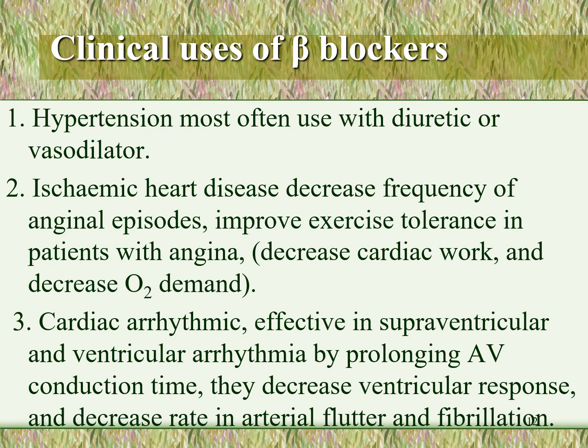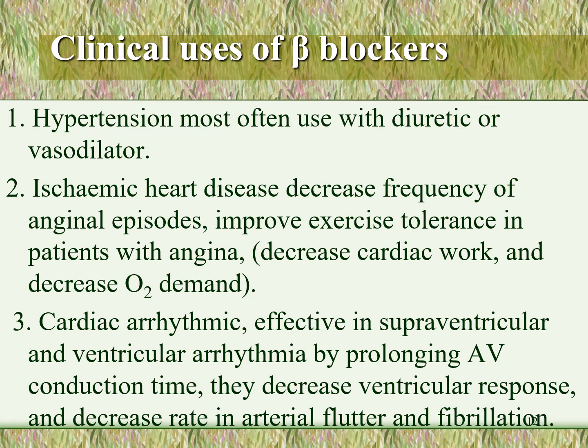Also, beta blockers can be used for treatment of cardiac arrhythmias, both supraventricular and ventricular arrhythmias. Supraventricular arrhythmias such as atrial fibrillation and atrial flutter, and also the tachyarrhythmias, because it can slow the AV conduction through the AV node, and this can slow the ventricular contraction.